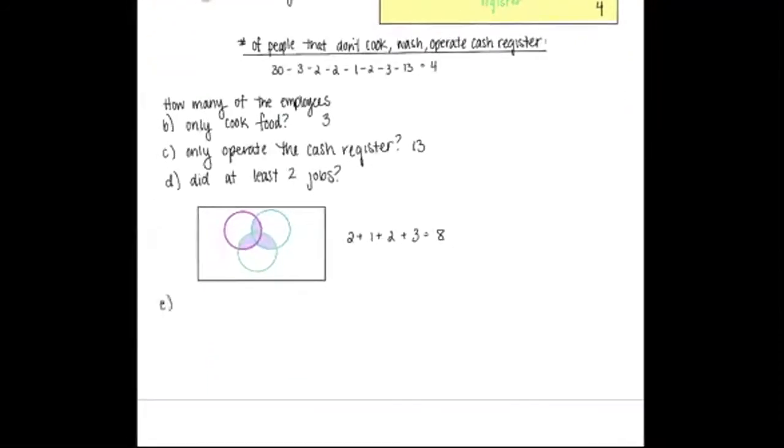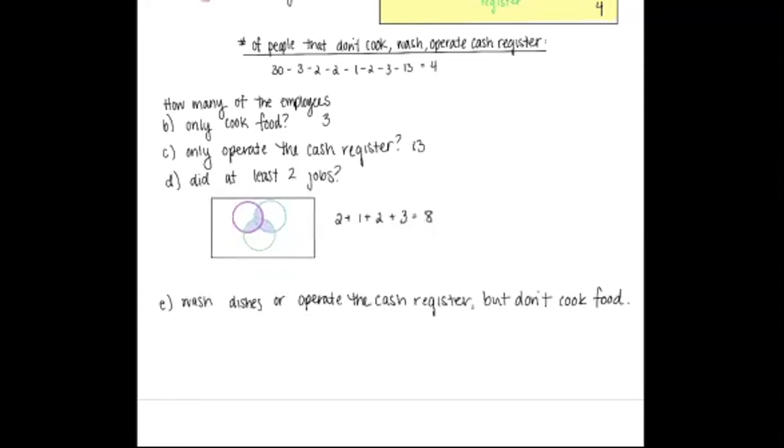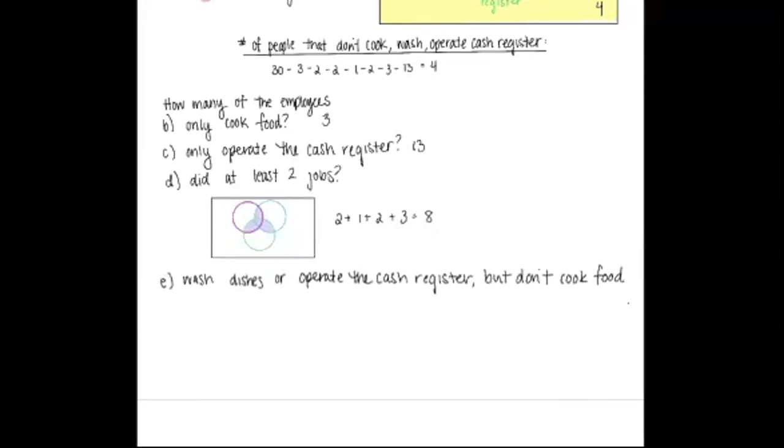And our last question for this one is we want to figure out how many of the employees wash dishes or operate the cash register but don't cook food. And so again, I'm going to turn to my Venn diagram to help us out.